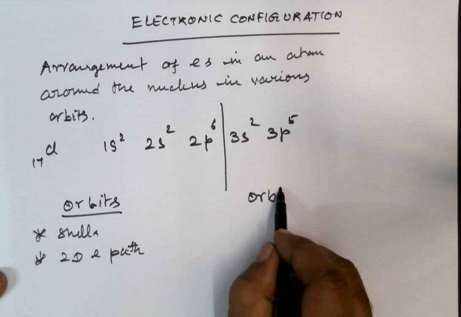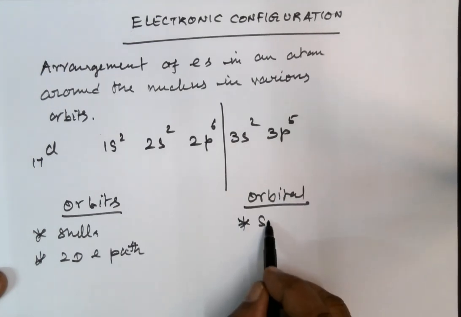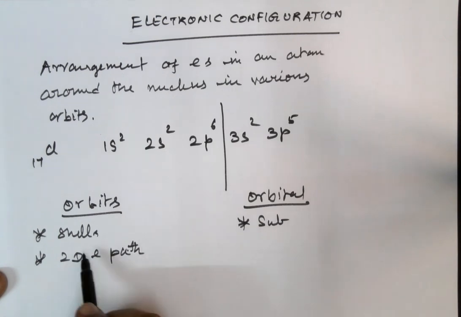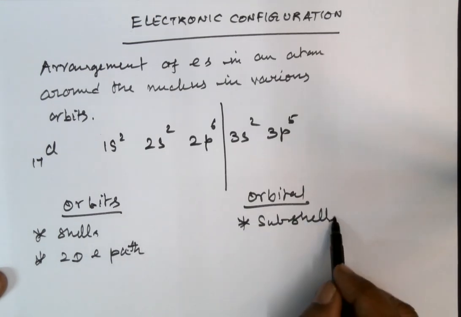Orbital means it is a subshell, that is within the shell it is available, so that's why it's called subshells.